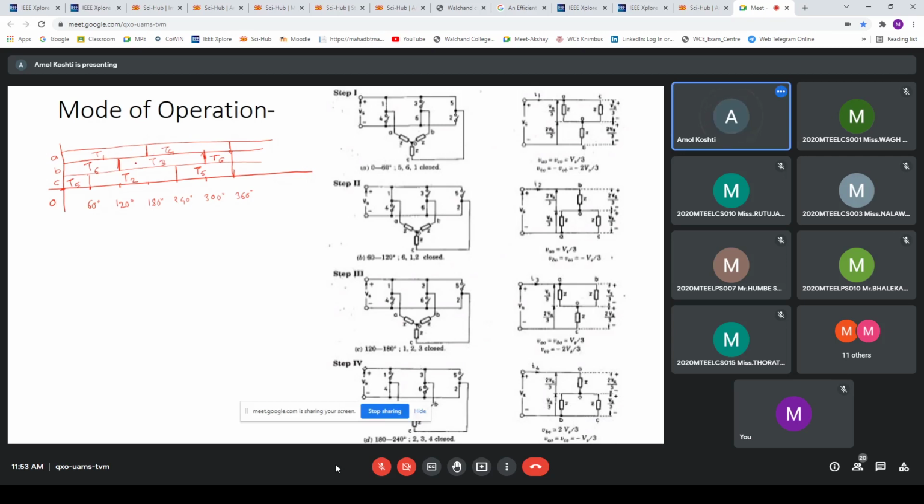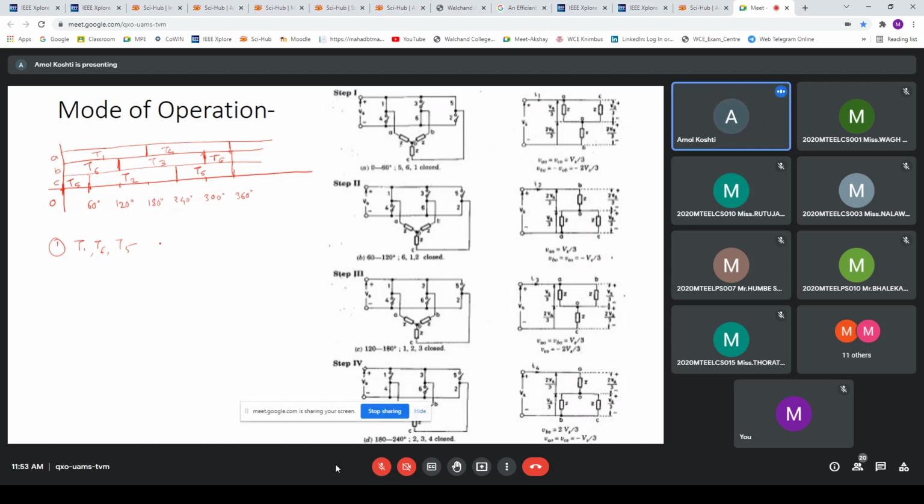Now these modes of operation are shown here based on this switching operation. Let us see during the first 60 degrees from 0 to 360 degrees, how many switches are on? From 0 to 60 degrees, T1 is on, T6 is on, T5 is on.